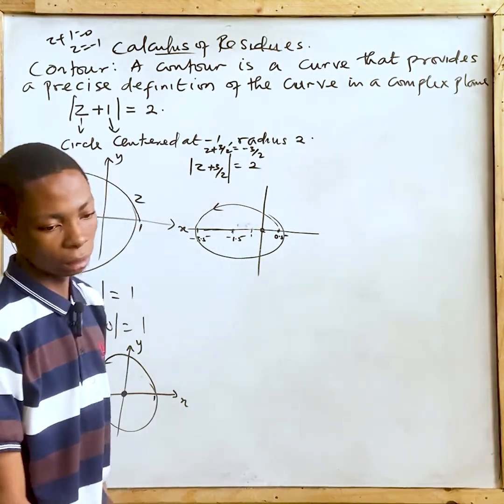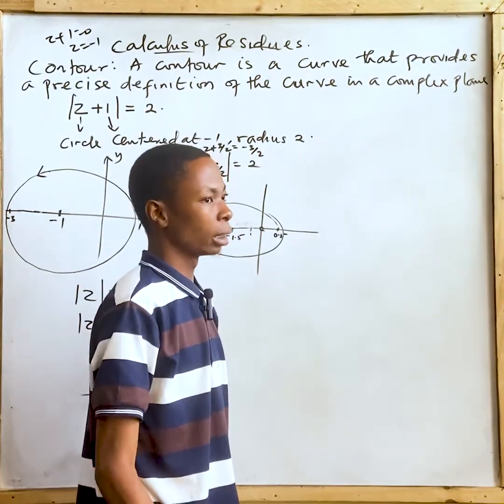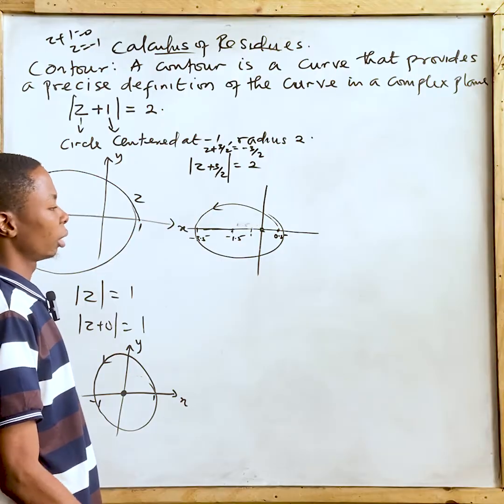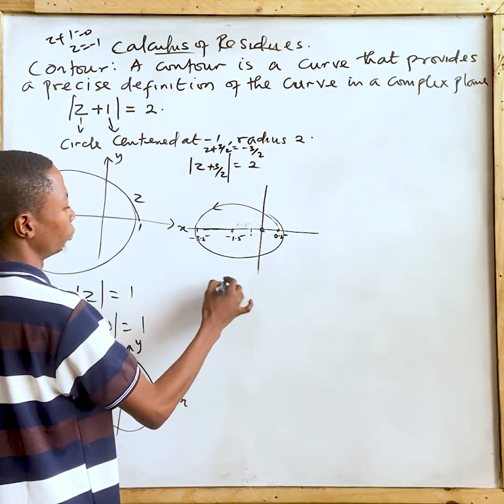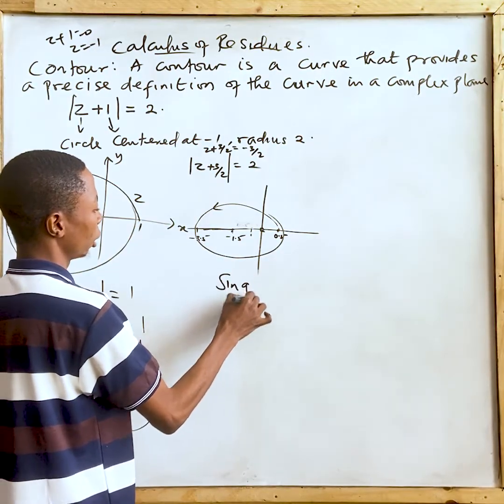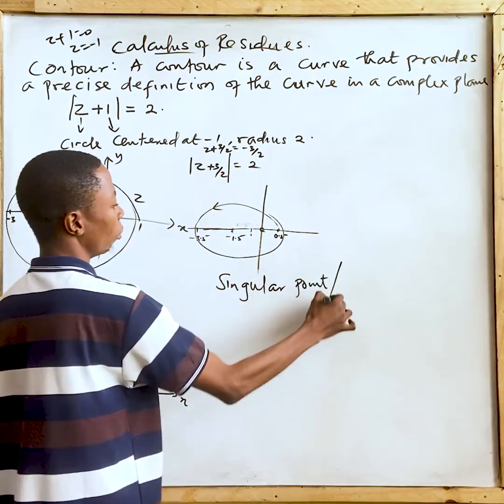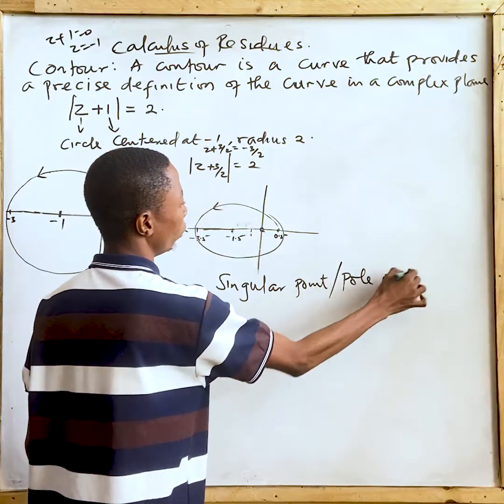A function is analytic if it is differentiable at a point z0 and is also differentiable in the neighborhood of that z0. So now let's talk about the singular point or pole of a function f of z.